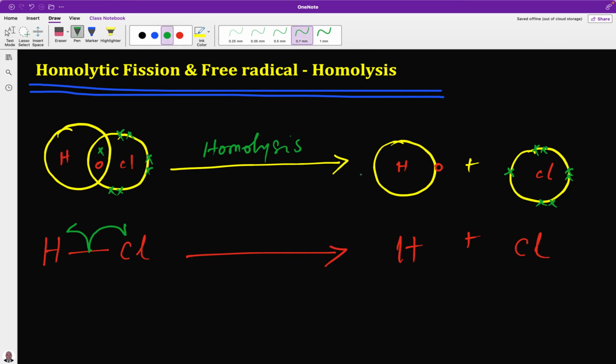So let's continue. You will have hydrogen here, and you also have this one here. And we call these ones free radicals. This is a free radical.